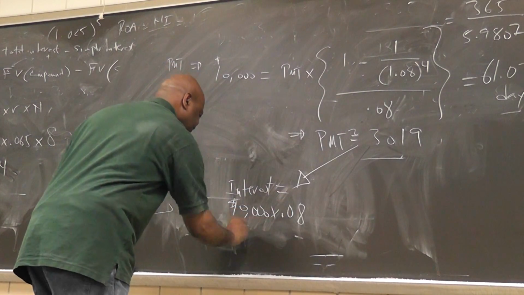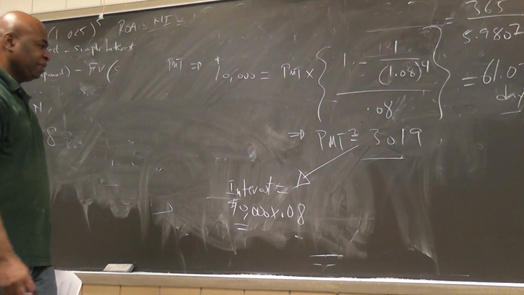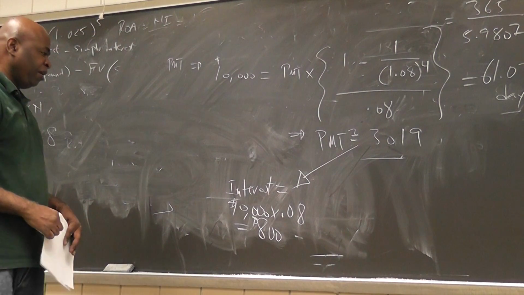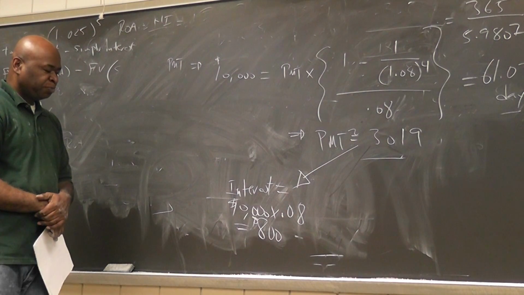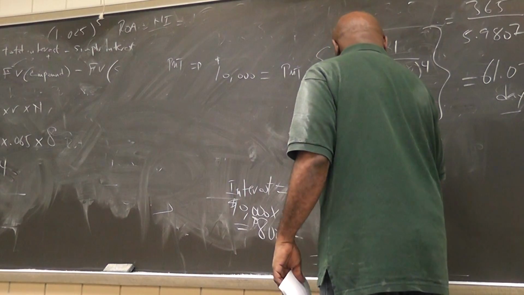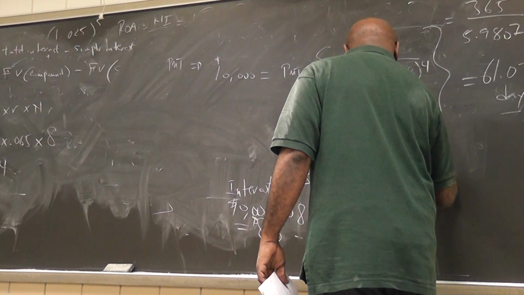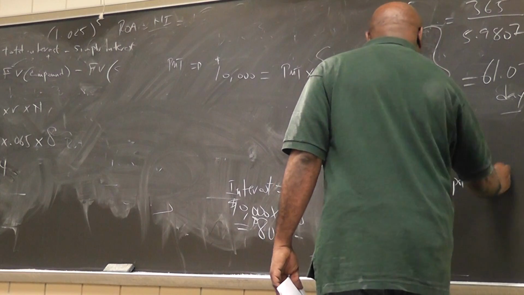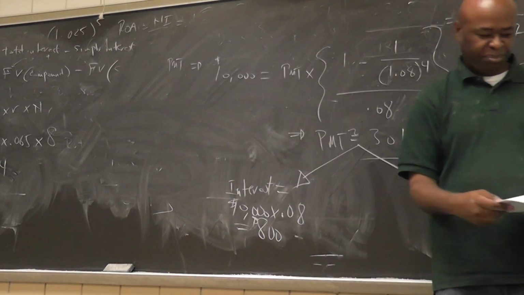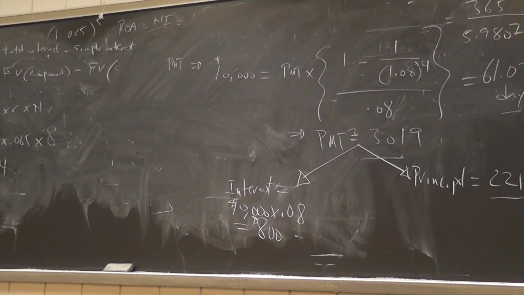So what is that? It's 800. So if 800 is going to interest, what must be going to principal? 2,219. What's the answer? B. You see this?